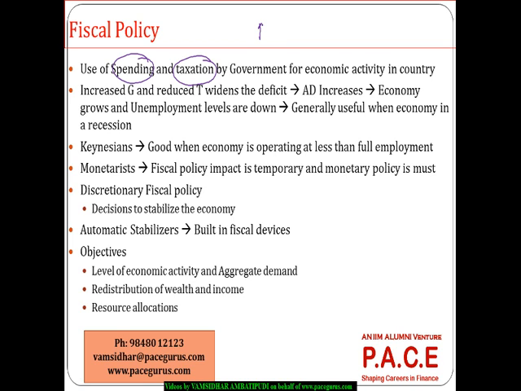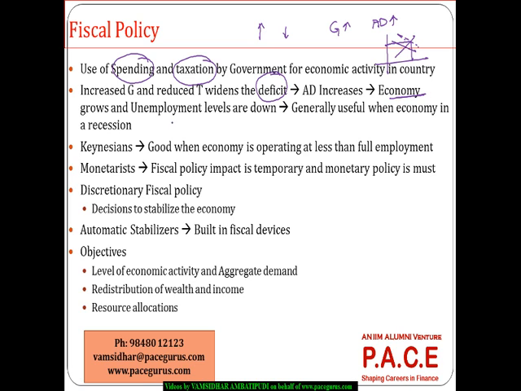If the spending is more and the tax collection is lesser, obviously a deficit is created, and the government spending increasing means the aggregate demand is going to increase. So the demand curve is going to shift to the right, resulting in the prices going up along with the output going up.